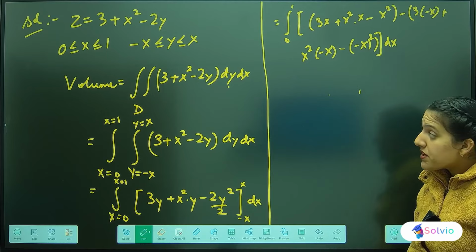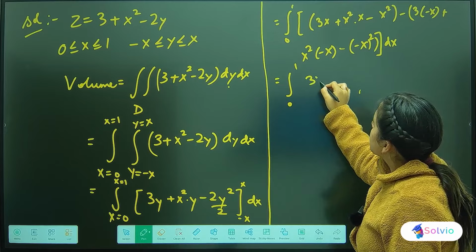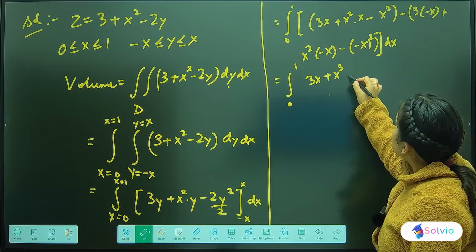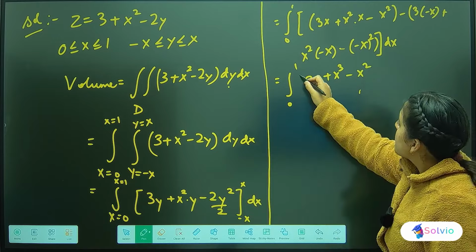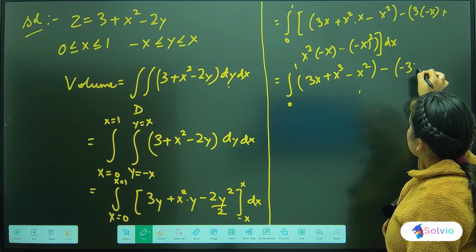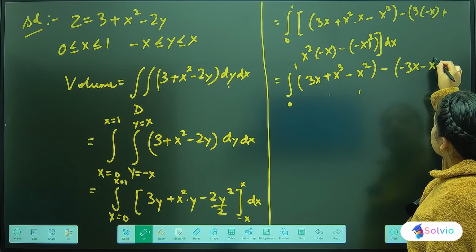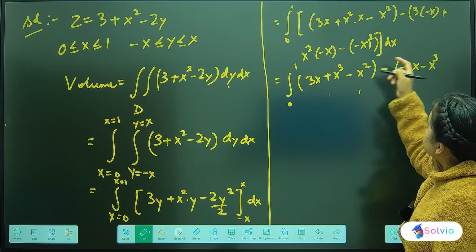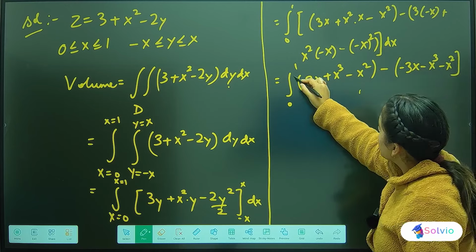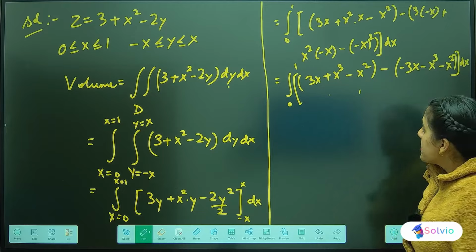Now I will simplify the terms and it becomes the integral from 0 to 1 of (3x + x^3 - x^2) minus (-3x - x^3 - x^2) dx.